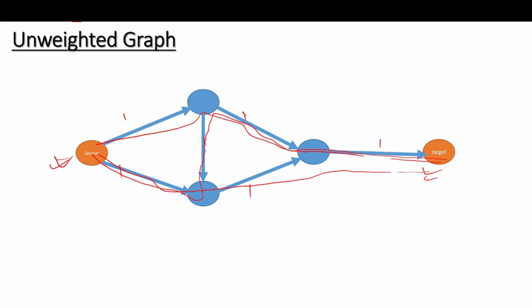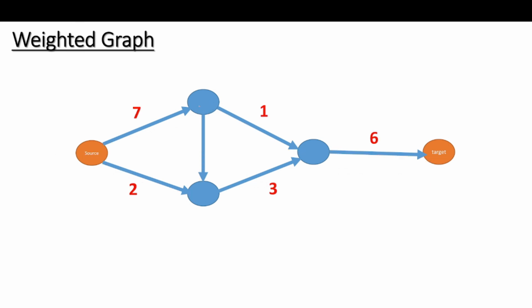You do not need to find the weight or cost here, right? But the graph consists of, as you can see here, a number of nodes and vertices. Nodes means vertices. Suppose this is the source, there will be some value from 1 to something.